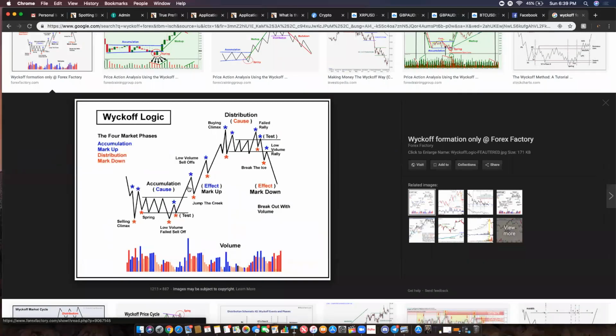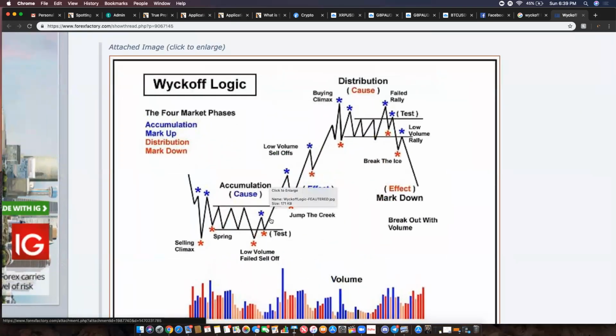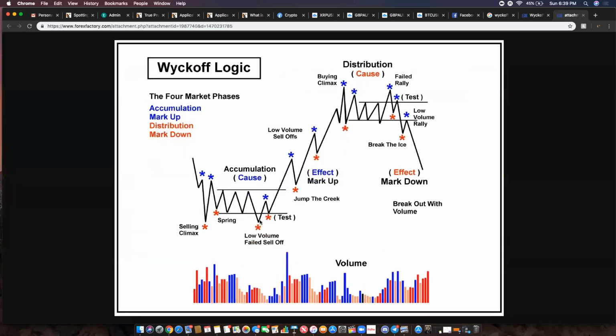Notice the cause and the effect, right? Here's wave one, right? Here's wave one. Here's wave two. Here's wave three. Here's wave four. Here's wave five. What did the market do? Came back down and extended even more.